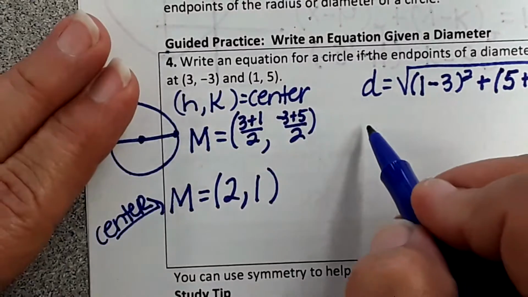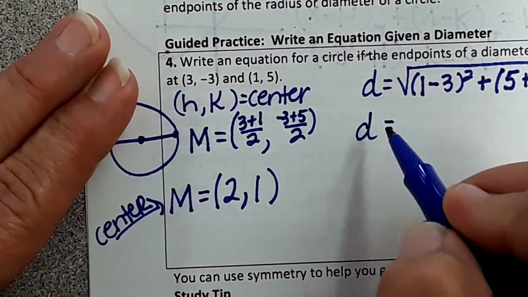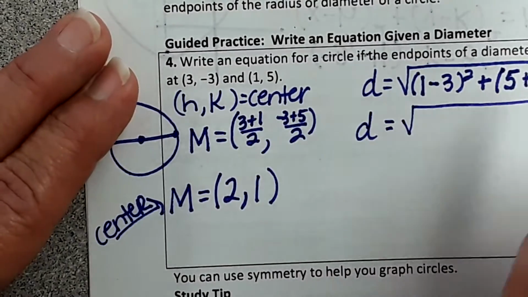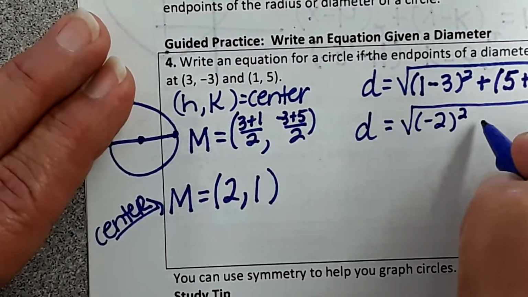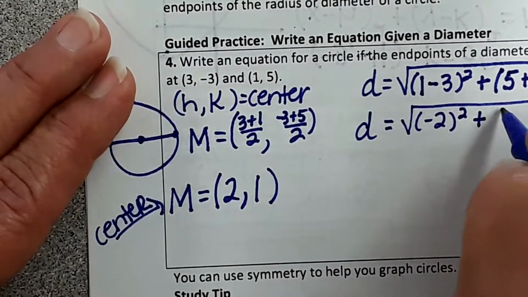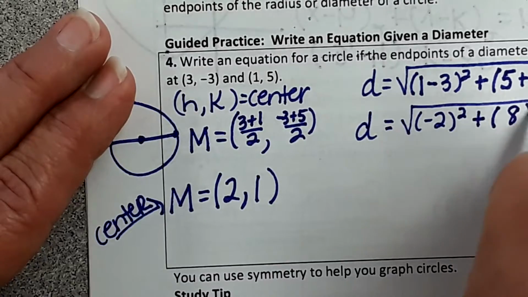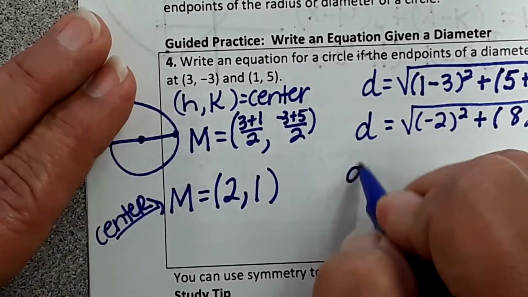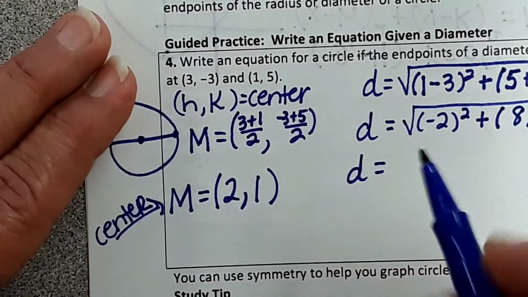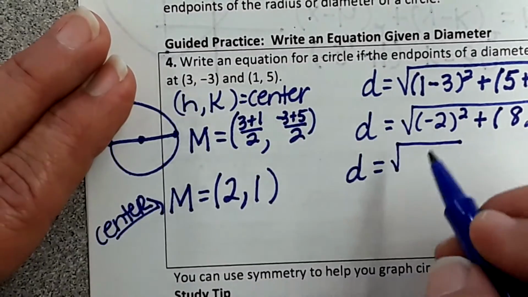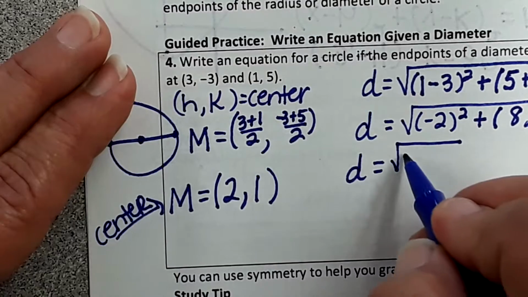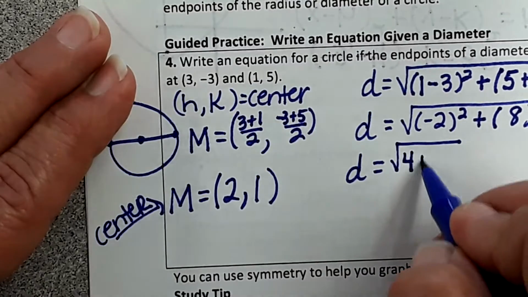What is 1 minus 3? -2. We're going to square it. What is 5 plus 3? 8. What's -2 squared? 4.